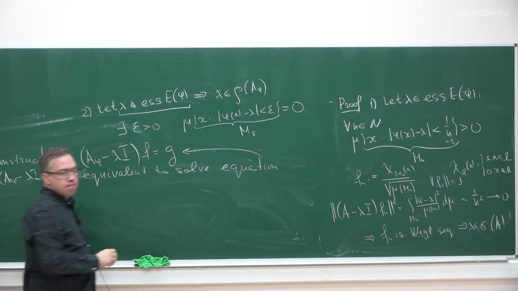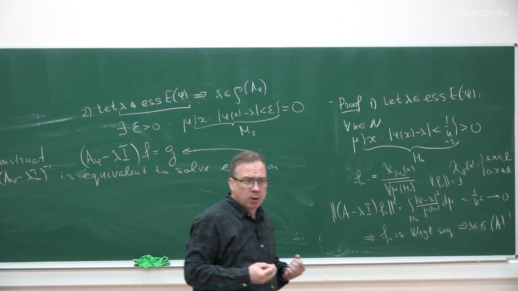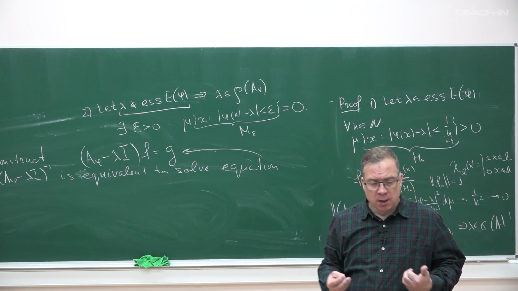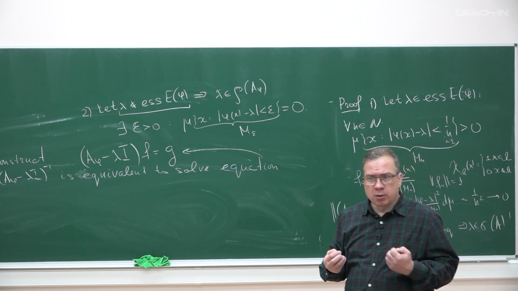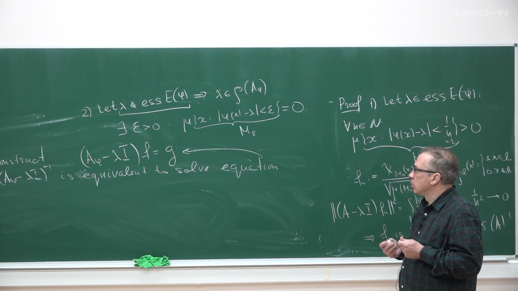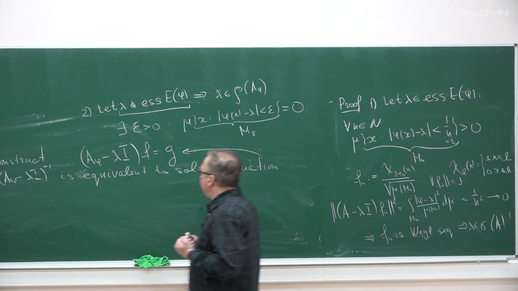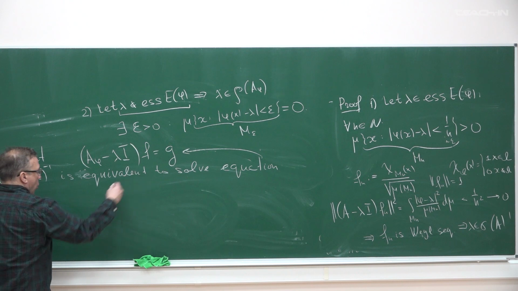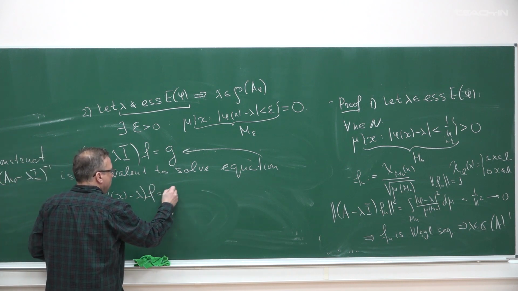If we solve the equation, if function g is known, we must obtain function f. It is just the same as constructing the inverse operator. If you can reconstruct f by g, it is the same as reconstructing the resolvent operator. So this equation I rewrite in this form.